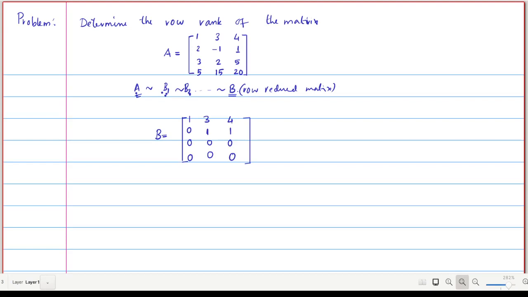This is the row reduced matrix obtained from this matrix A by performing row operations.